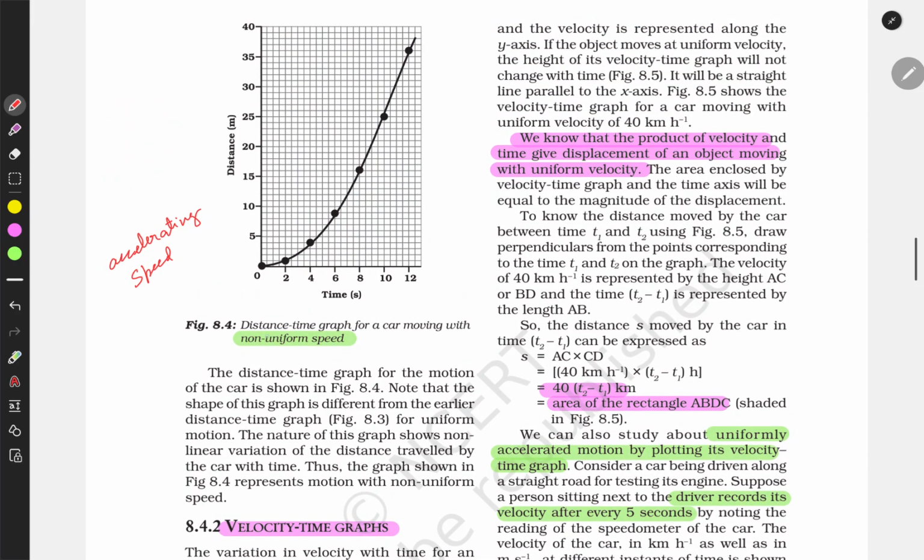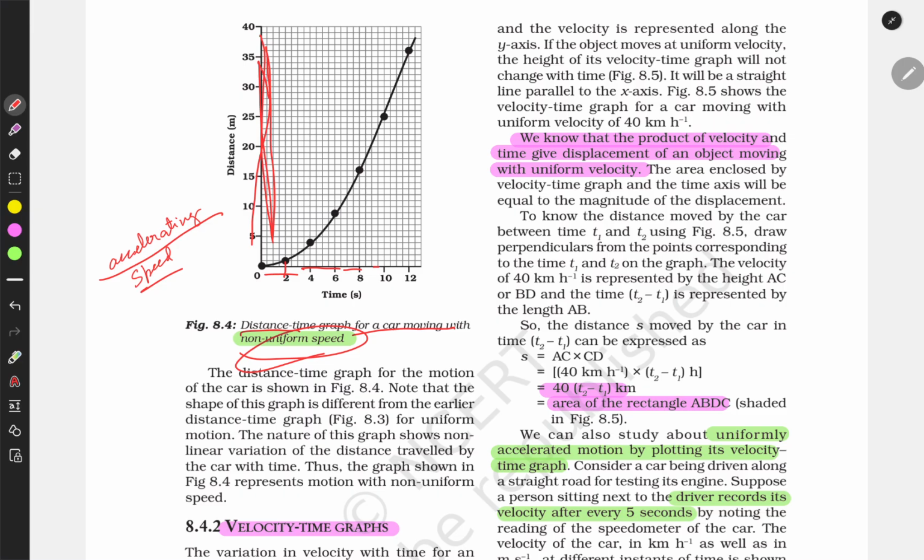Now there is one more distance-time graph, for a car moving in non-uniform motion. As the time goes, this type of graph shows the motion is accelerating. The distance is going very fast, it is traveling too fast, and this type of graph shows its speed is increasing.